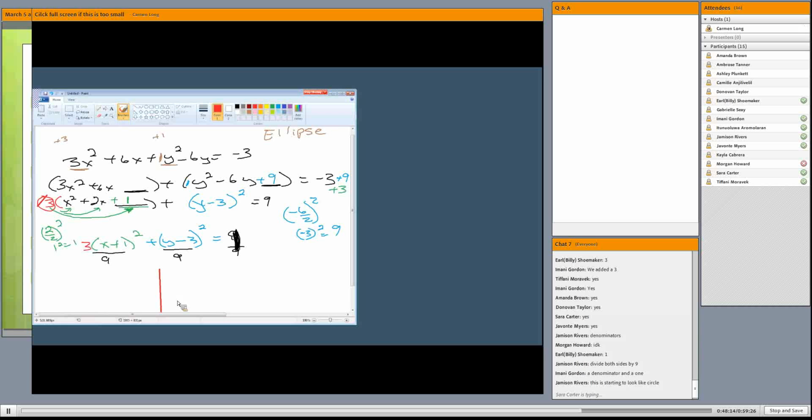In our vertex form, right, it was looking like a circle to me too. Because that 3 that we factored out reduces this fraction. So 3 goes into 3 once, and 3 goes into 9 3 times.